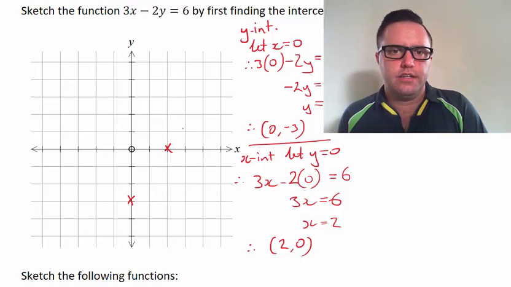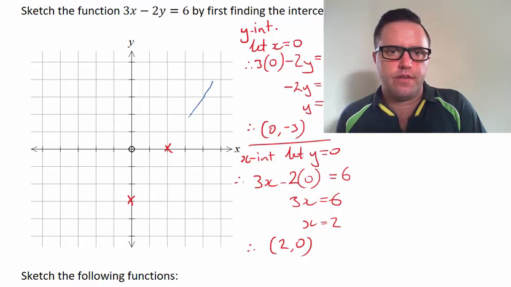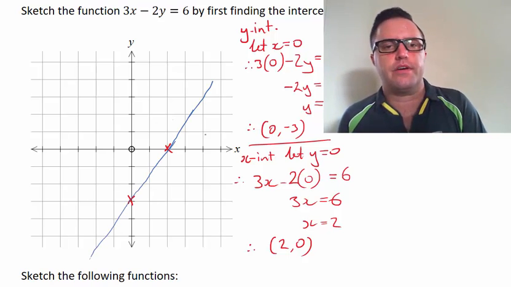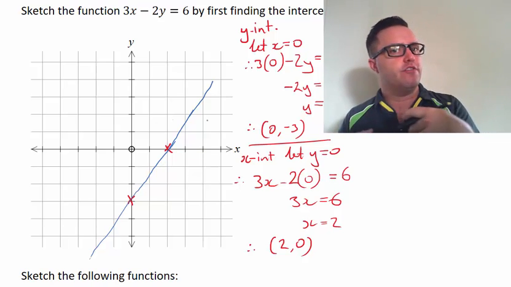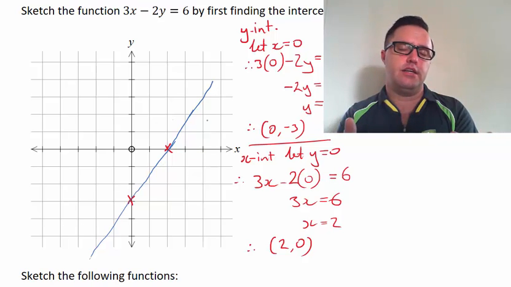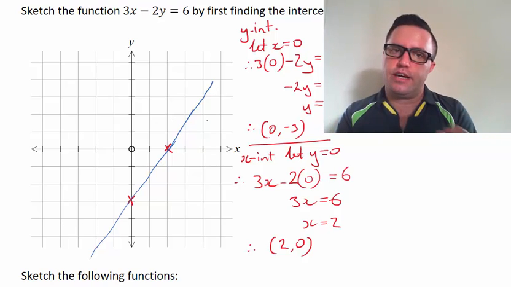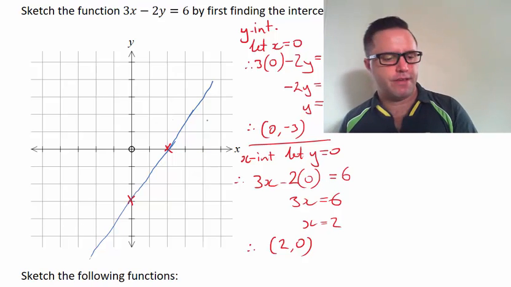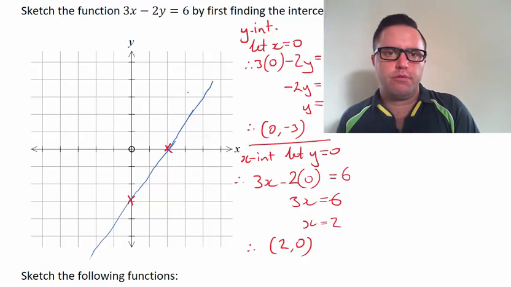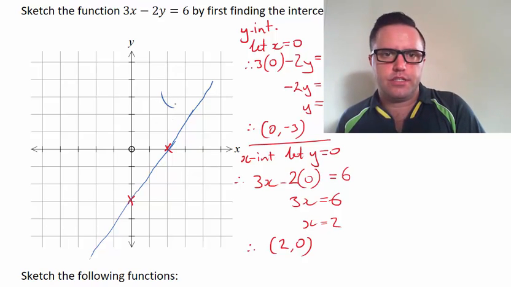Once we've got those 2 points, there's my line. That's how you graph a function using the intercepts. If you've been given the equation, you substitute x equals 0 first, then y equals 0, get those 2 points and plot them. You should probably label it at the end too: this is 3x minus 2y equals 6.